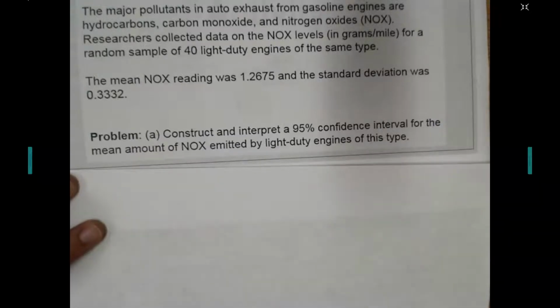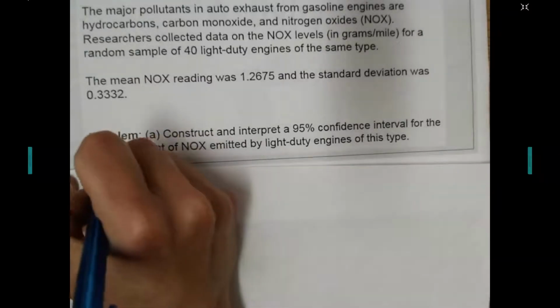So let's run through our steps. First step is the exact same step as proportions.